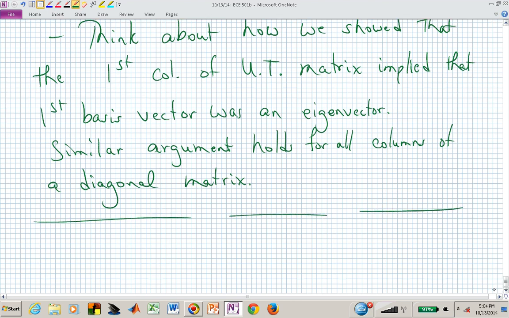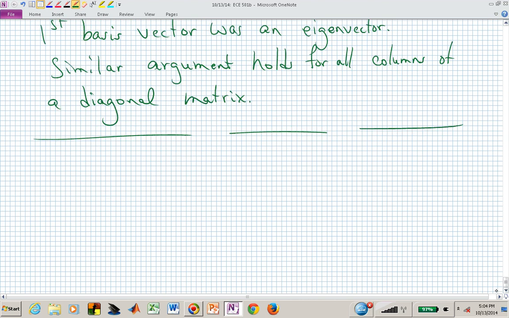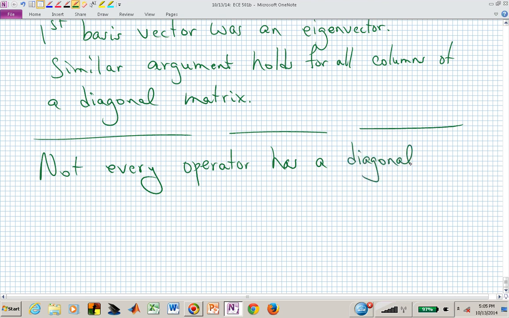Now, what you don't want to be thinking is that every operator is diagonalizable or has a matrix representation that's diagonal. That's not true. Not every operator has a diagonal representation.